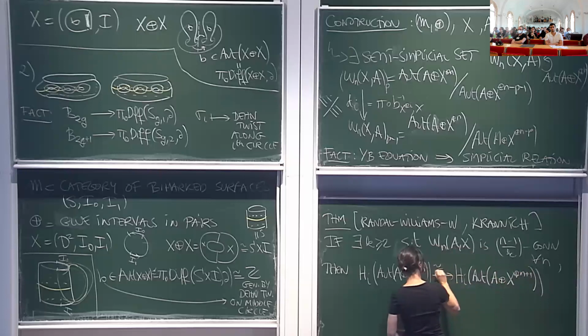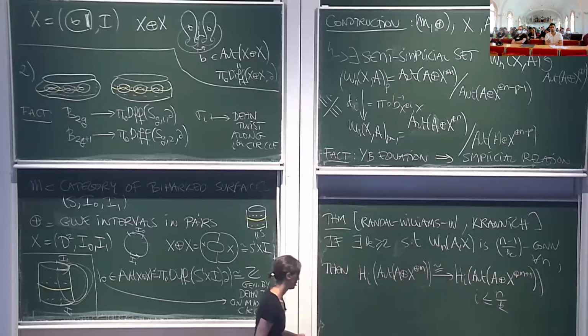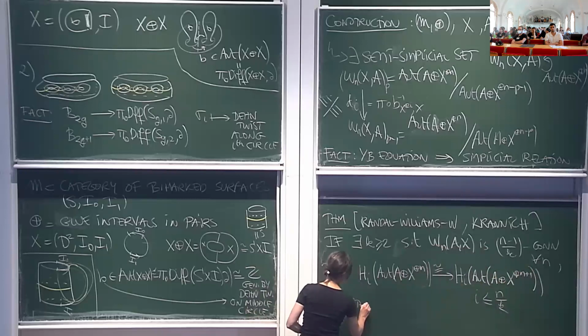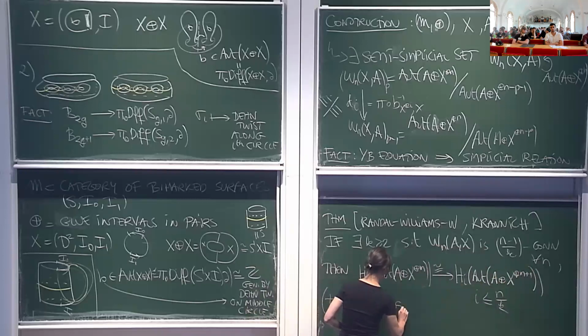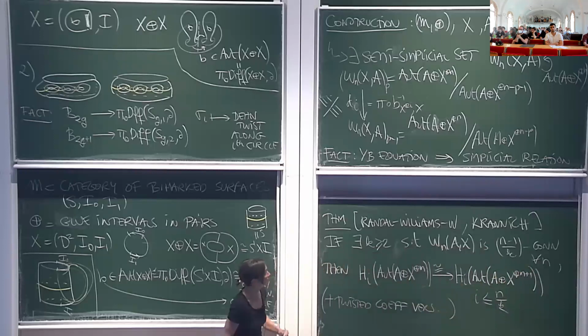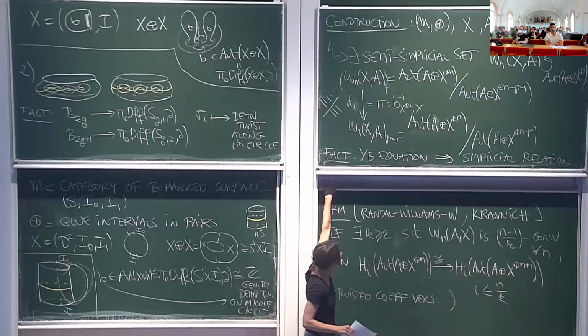This is necessarily an isomorphism for i smaller or equal to n over k. Plus, some twisted coefficients versions. So a bunch of things hold true.